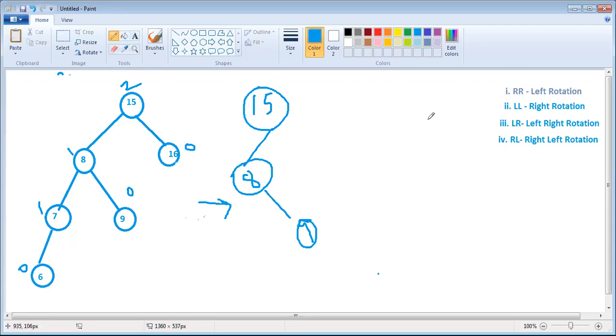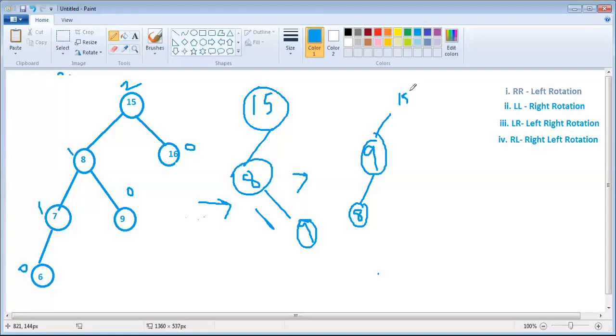So how can I do it? First I have to do a left rotation here, correct? So 9 will become the root node, and 8 will become a leaf node. Already 15 is there, correct?